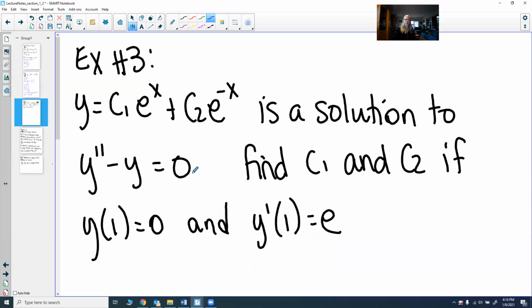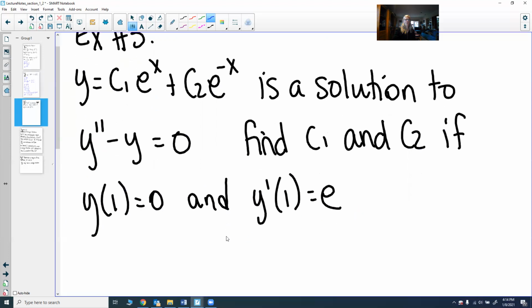Whenever you have a second order differential equation, notice I have y of 1 equals 0 and y prime of 1 equals e. So we actually have 2 initial conditions. We have a y and a y prime. And if you have a second order differential equation, that's what you will always need. You'll need the y and the y prime. If you had a third order differential equation, you would need the y prime and the y double prime as well.